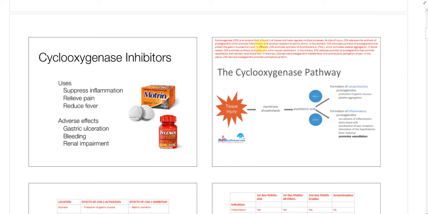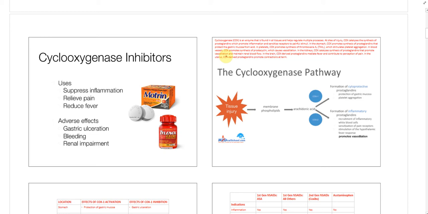prostaglandins that promote inflammation and sensitize receptors to painful stimuli, that protect gastric mucosa in the stomach from the acid, promote the synthesis of thromboxane A2, which stimulates platelet aggregation or helps with clotting, promote prostacyclin, which causes vasodilation, which is a good thing, generally.